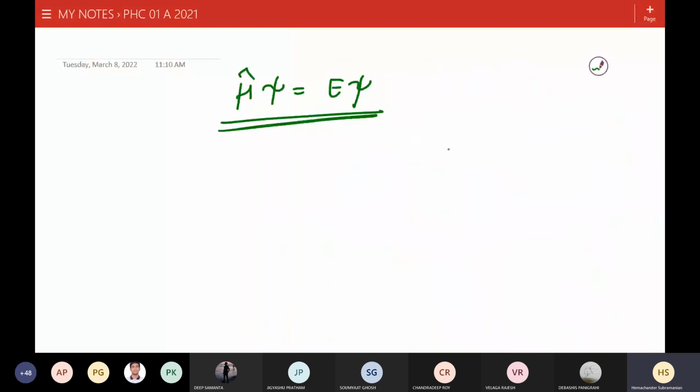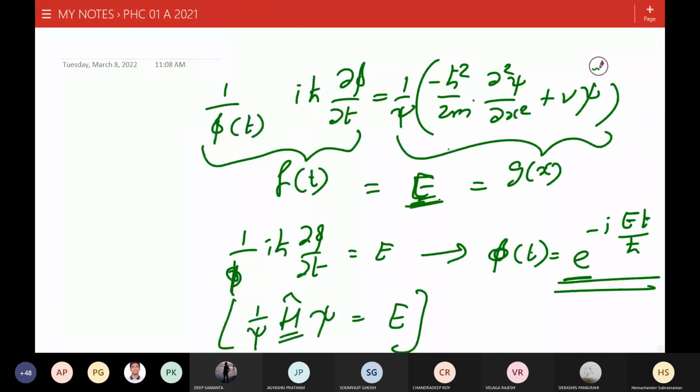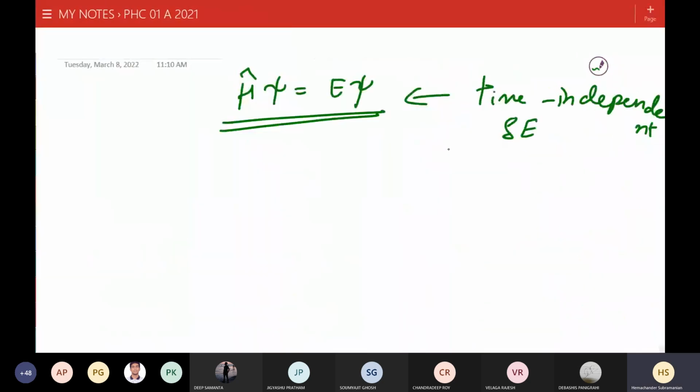This is called the time independent Schrodinger equation: H psi equals E psi. We have factored out the time, so the time factor is here. Whatever solution we get here has to be multiplied by that factor to get the full wave function.